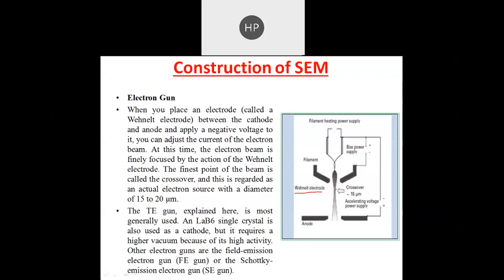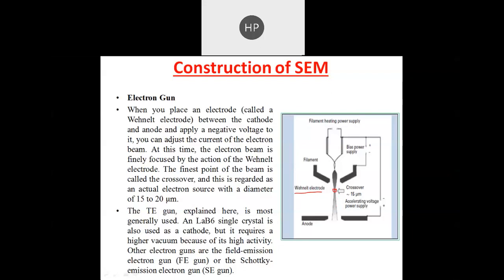So by different application of voltage and current through this cathode and anode, and through this gap of the Wehnelt cylinder, we have one point which is the finest point of the flow of electrons.